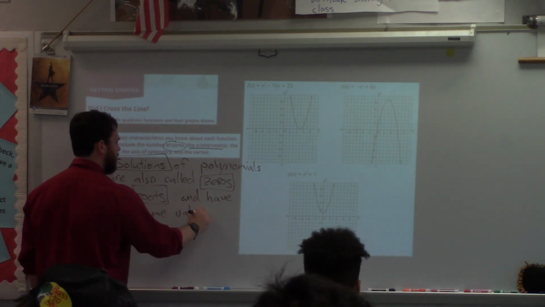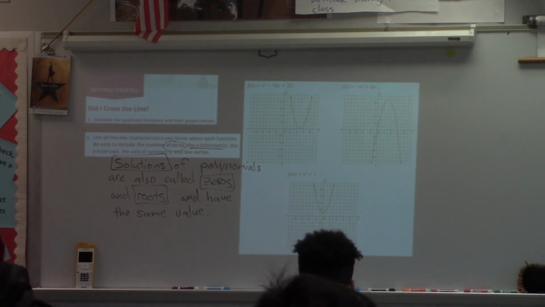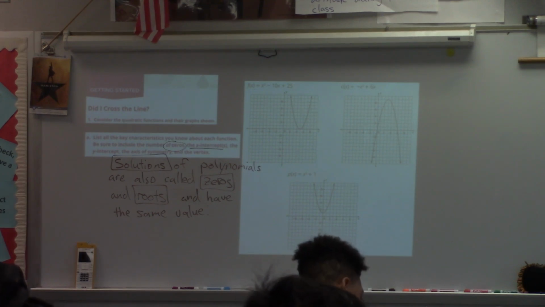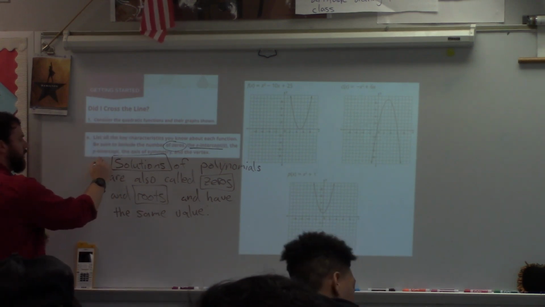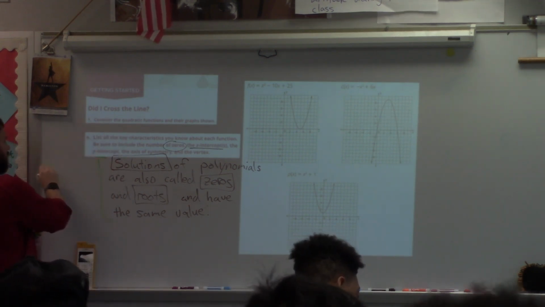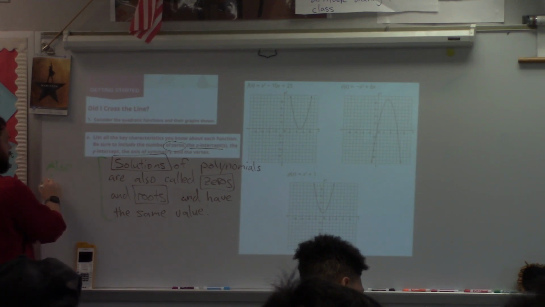Now, I will point this out. What feature of a parabola have we always connected to roots? The input. The input, yes, but for the x-intercepts, right? So this means that solutions, zeros, and roots are also connected to what? Come on, what did we just say?